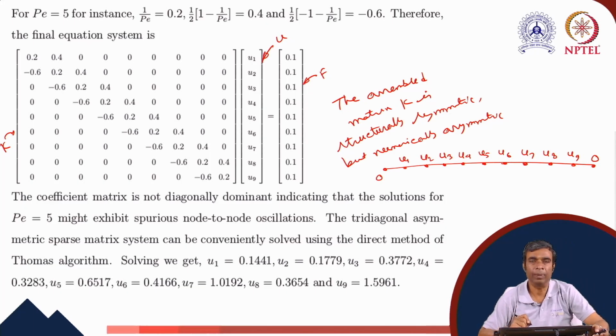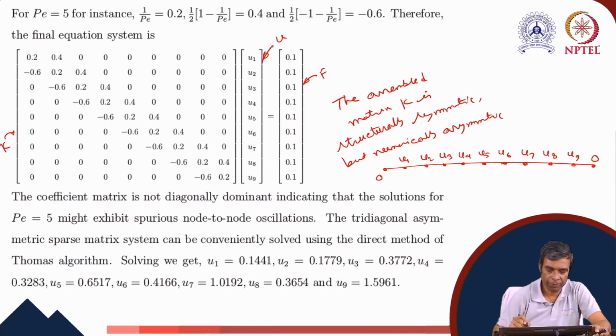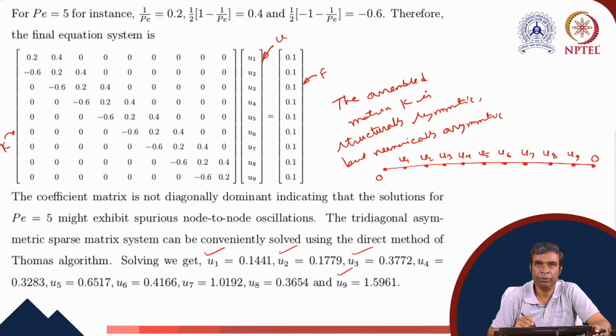So this tridiagonal matrix equation system can be conveniently solved by using Thomas algorithm that we have already discussed in module 6. So here we have summarized our solutions. So u1, u2, u3 up to u9, all those values have been listed here. In the next slide we have plotted these values.